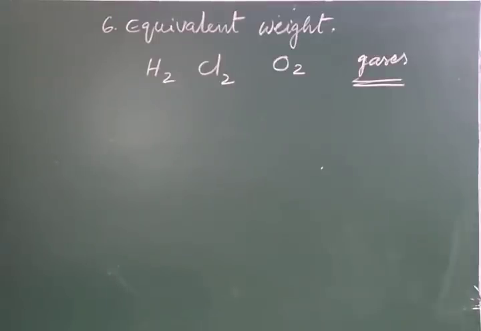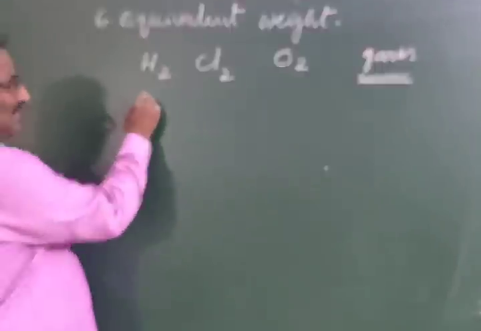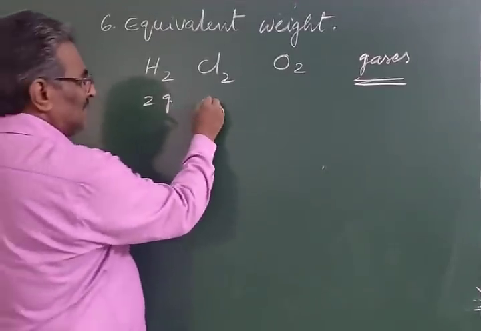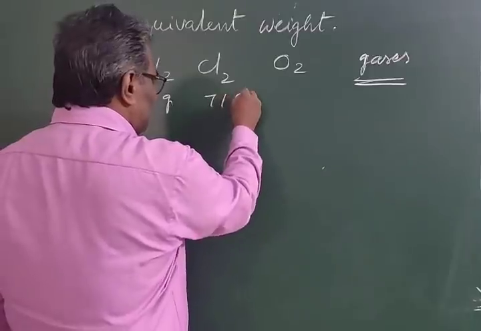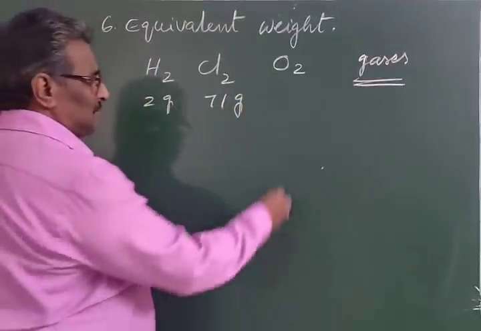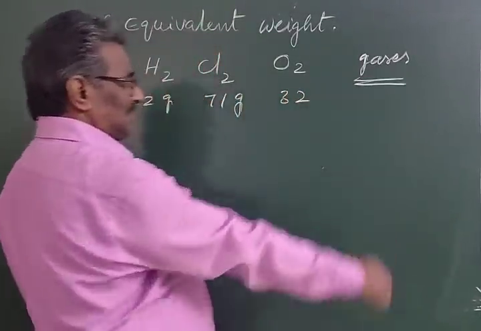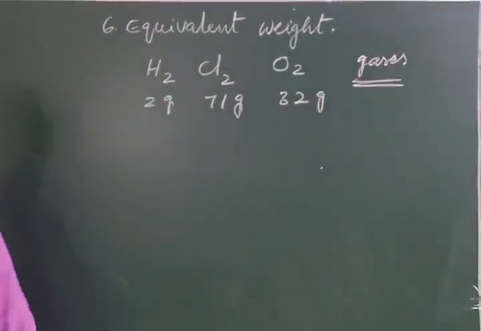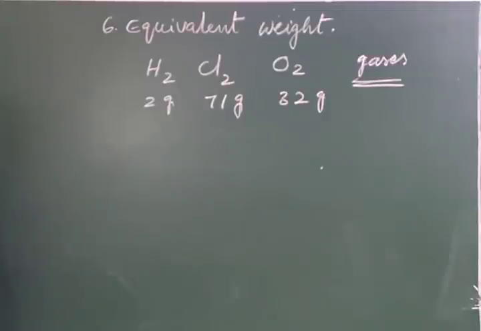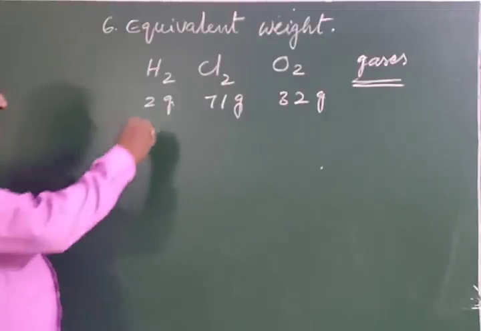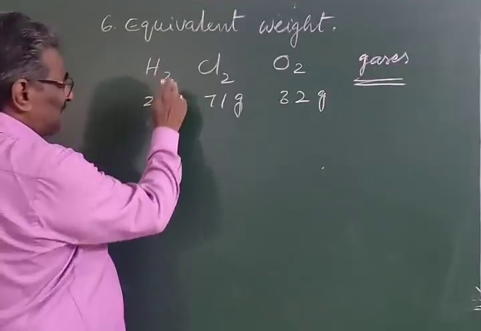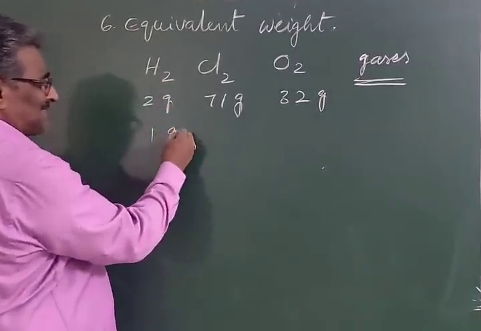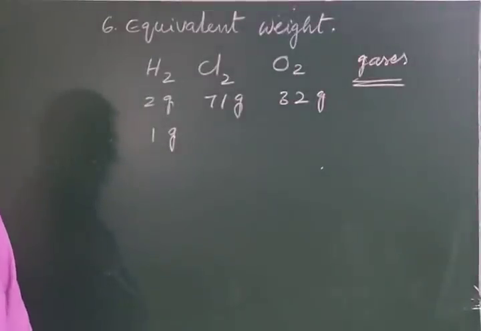22.4 liters. That is, 2 grams of hydrogen occupies 22.4 liters, 71 grams of chlorine occupies 22.4 liters, 32 grams of oxygen occupies 22.4 liters. Okay? How many liters of hydrogen weigh 1 gram?